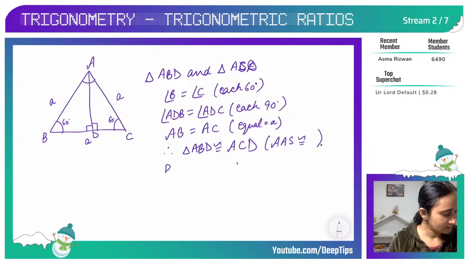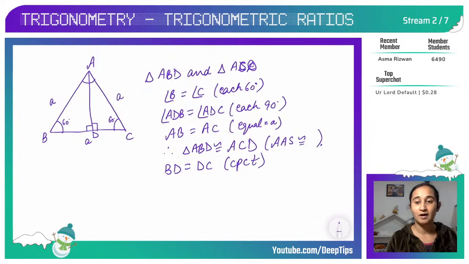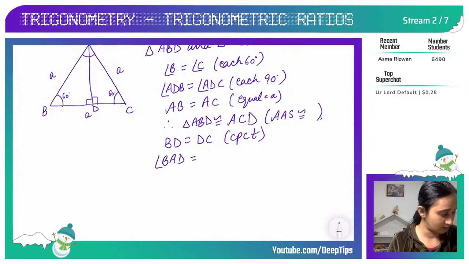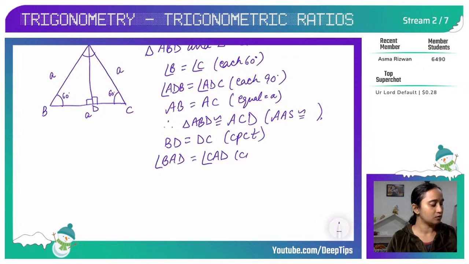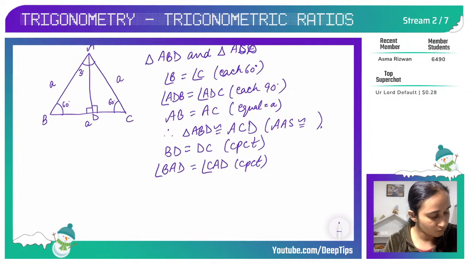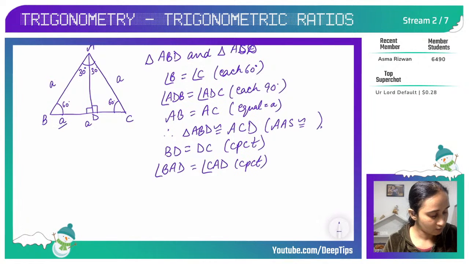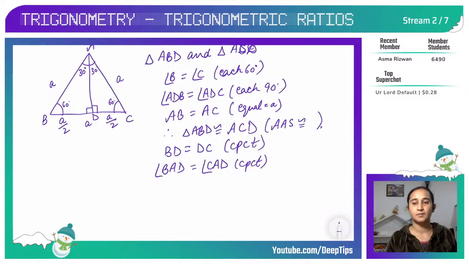So hence we can say that BD is equal to DC by CPCT, corresponding parts of congruent triangles, and angle BAD and angle CAD are also equal, again by CPCT. So if angle BAD is equal to angle CAD, that means they both should be 30 degrees if they are equally divided, and if BD is equal to CD, then they are also equally divided to A by 2 each.